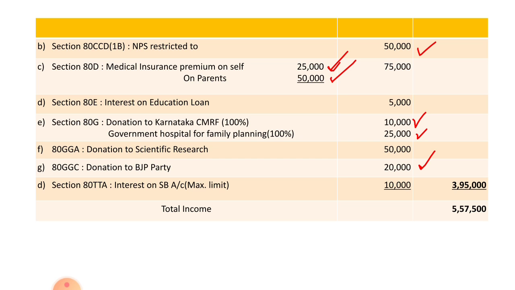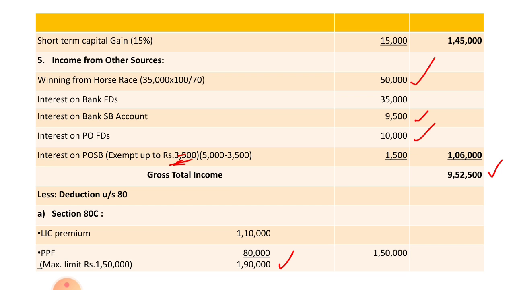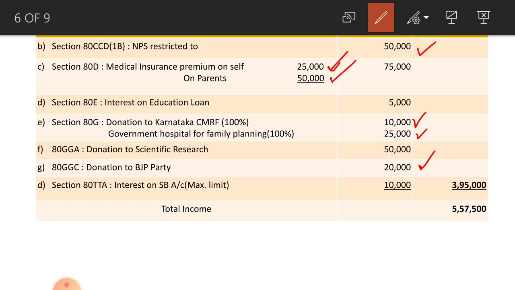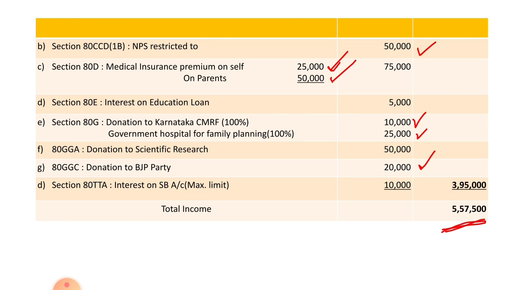The total of these deduction amounts to rupees 3,95,000. When you deduct this 3,95,000 from the gross total income 9,52,500, you get the total income, that is total taxable income, as 5,57,500. On this you have to calculate the tax liability.